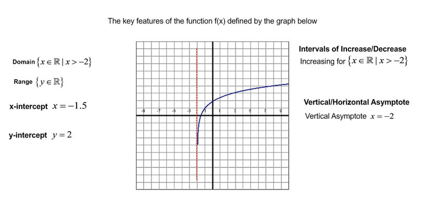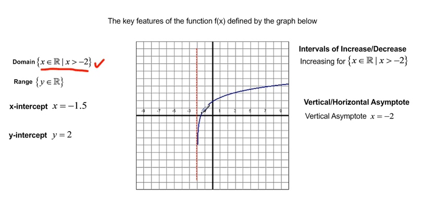The graph in blue, that blue curve on the screen, is now a logarithmic function of no particular formula. The formula is not given, and this is not critical. So we have to identify the domain. The domain is defined as x is an element of the real numbers such that x is greater than -2.